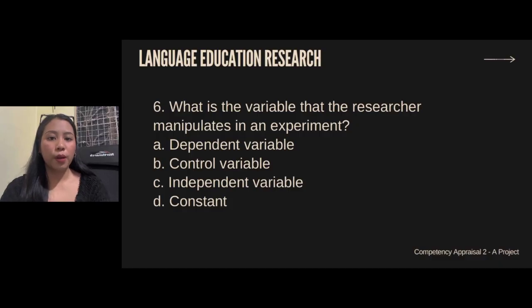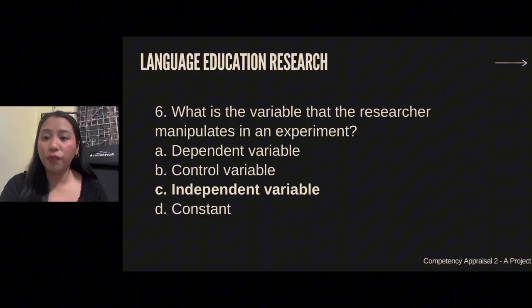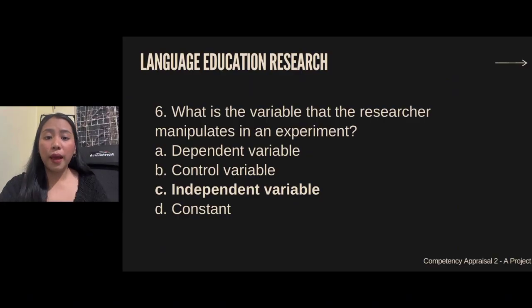A, dependent variable, B, control variable, letter C, independent variable, and letter D, constant. Okay, the correct answer is letter C, the independent variable, meaning the independent variable is the one that the researcher changes to see how it affects the result, while the dependent variable is what gets measured.